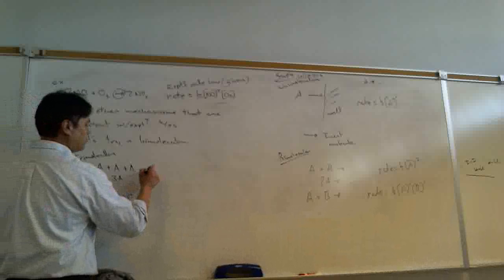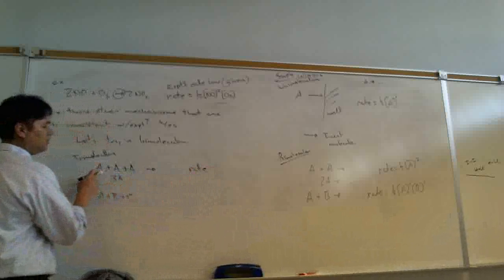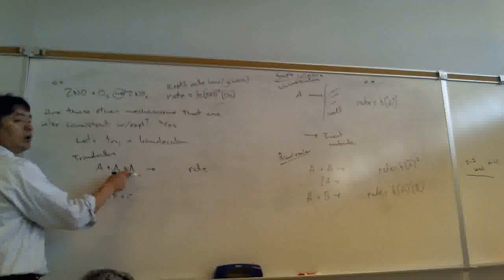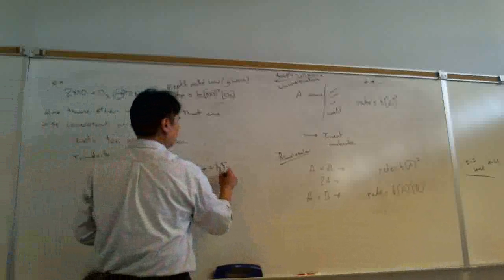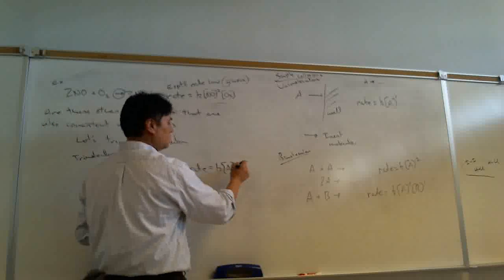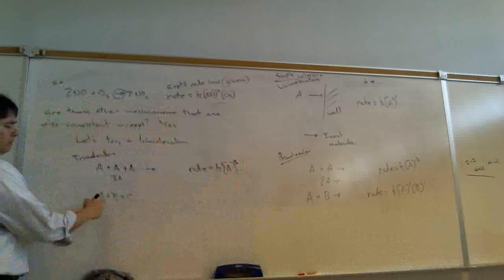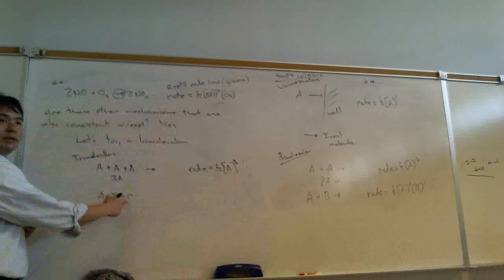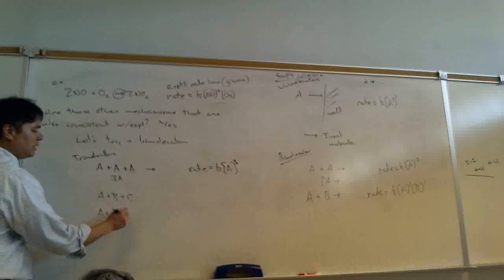And so if I have something like this going to product, the rate is going to depend on the left A, the middle A, and the right A. And if all of those double, it'll look like this, Ka to the third. This would be first order in A, first order in B, first order in C. What if I had something like 2A plus B?